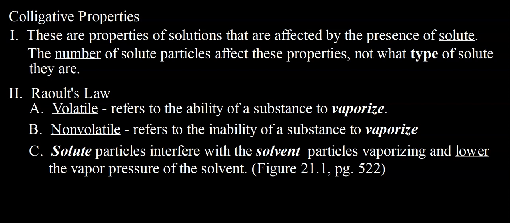However, when you have solute particles dissolved, those solute particles interfere with the solvent's ability to evaporate. So less of that substance evaporates, which results in a lower vapor pressure. There's a picture in your book on page 522 at the bottom. It shows pure solvent versus a solvent with a non-volatile solute.